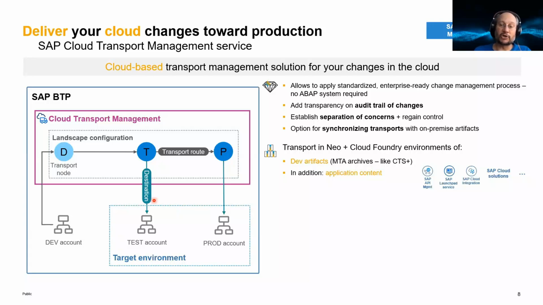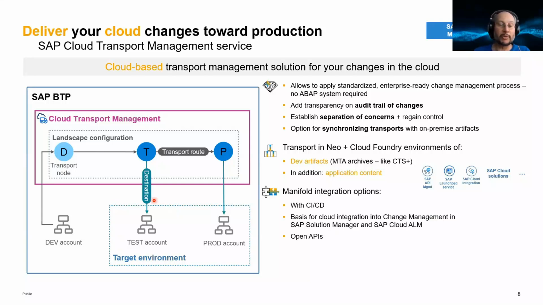As said, the content types are mainly development artifacts, and on the other side, application content artifacts. The plan is, as Moritz said, to integrate more and more BTP services and cloud solutions in the public cloud area. One more click, yeah.